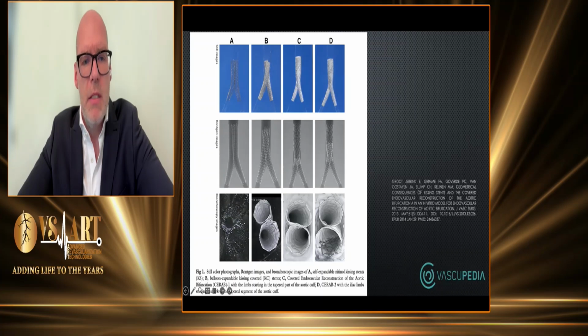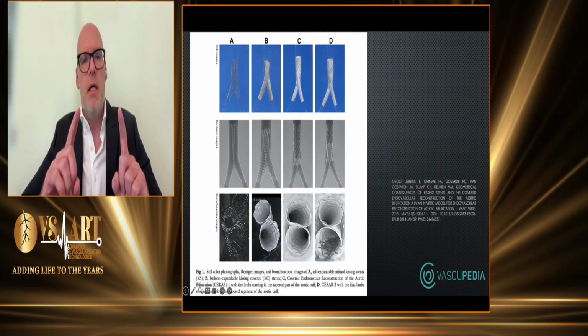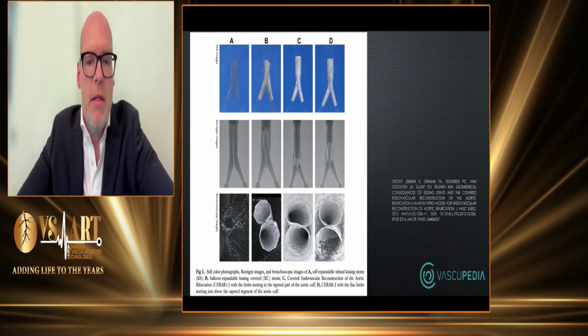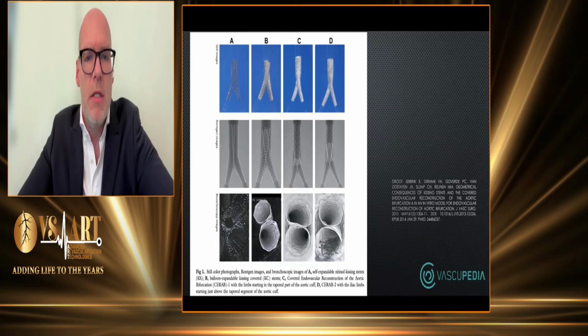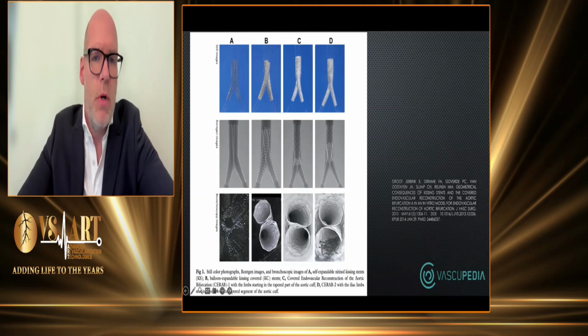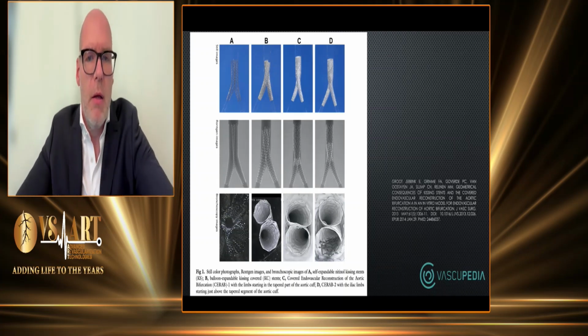then a normal kissing stent with covered stents, and a normal CERAB system, where the iliac stents go 1.5 centimeters inside the aortic stent, and the last one is an aortic stent with the bifurcated iliac stents, a little bit more than half in the aortic stent.